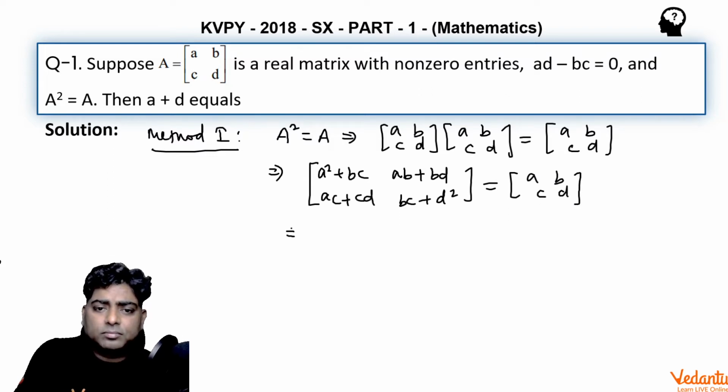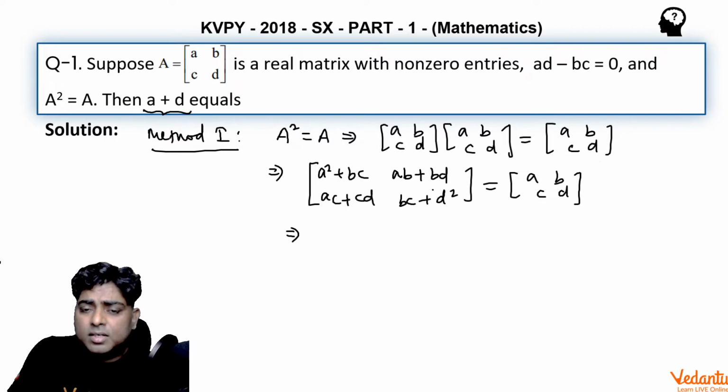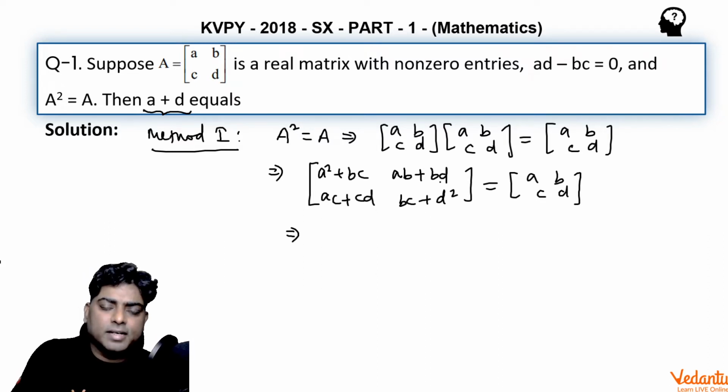Now comparing the elements, we have to find A plus D, which comes from the element of the first row and second column or the second row and first column.